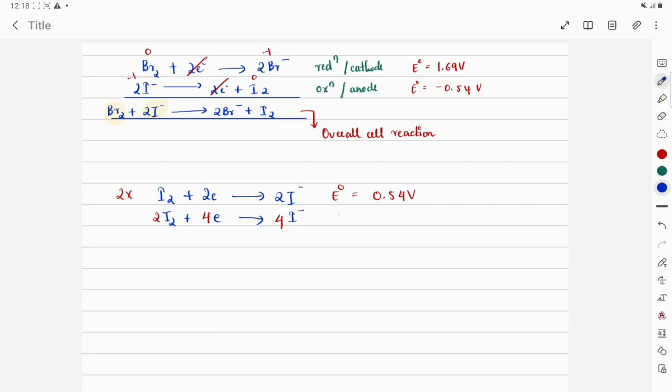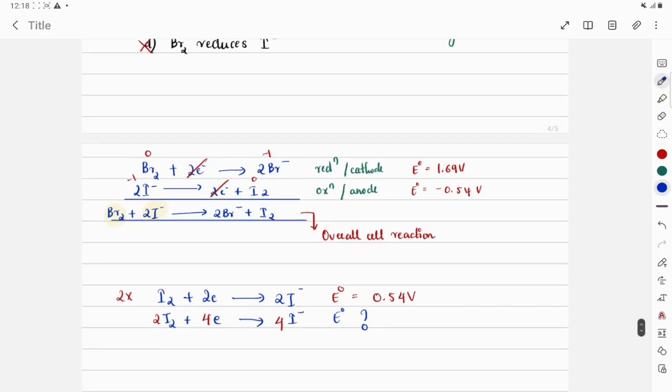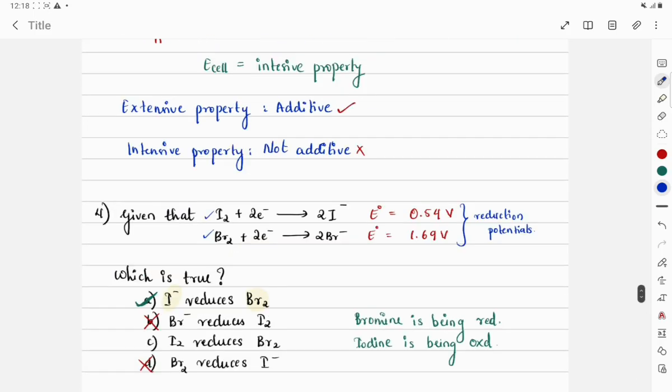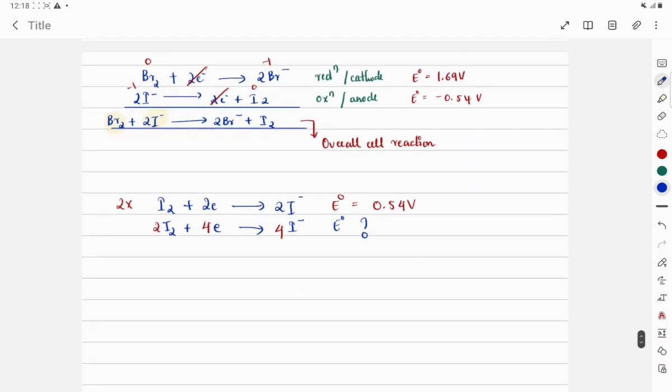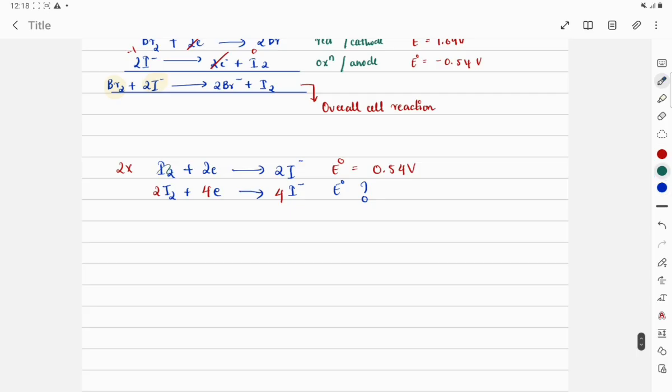Now the question is, how will my E0 value change? I have just multiplied the stoichiometric coefficients by 2. Will my E0 be multiplied by 2? The answer is no, because it is an intensive property. It does not depend on the amount of substance. So it does not matter whether I take 1 mole of iodine or 2 moles of iodine.